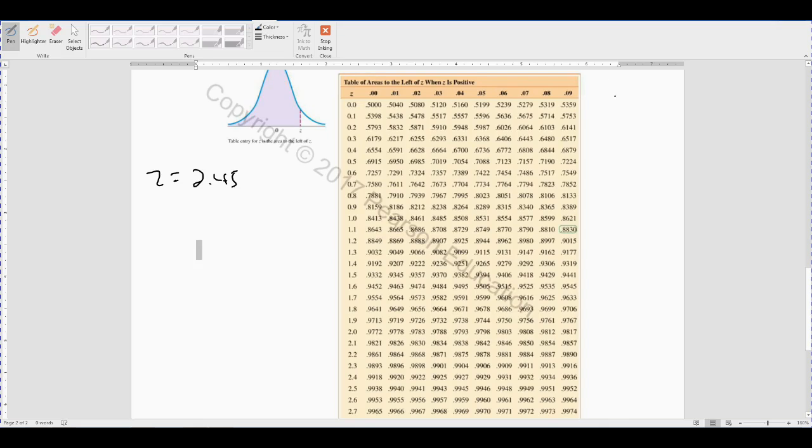Up here we have the hundredths places, and this is the z. Down here are the ones and the tenths places. So these digits are found on this side, and then the 5 is found up here. These are like the hundredths place. That's terrible handwriting, but it's supposed to say hundredths.